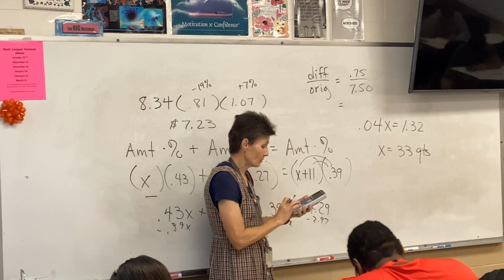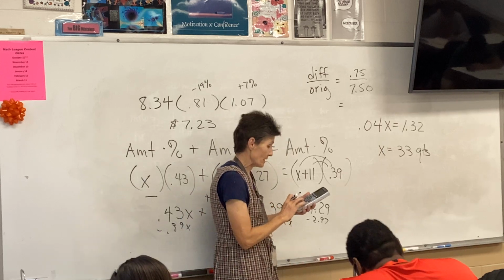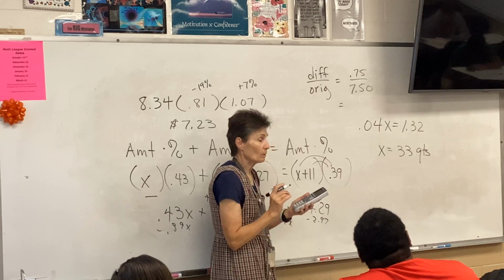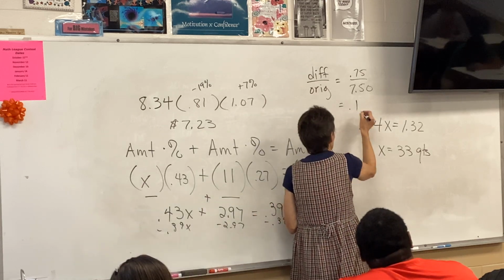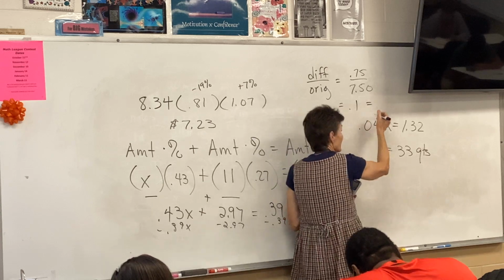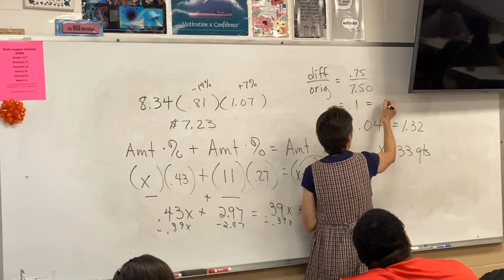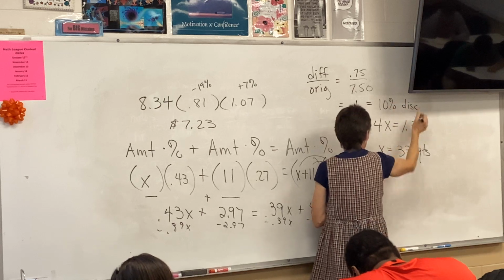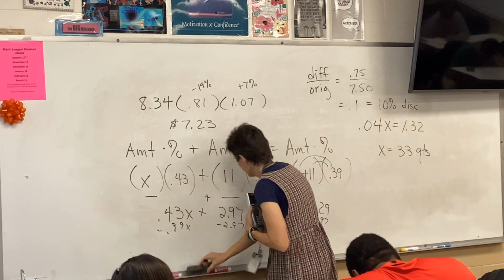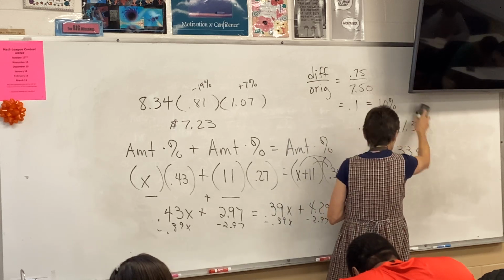It will come out as a decimal. That's an easy one, actually. It comes out as 0.1, but what percent is that? 10%. That's a 10% decrease, not discount, decrease.